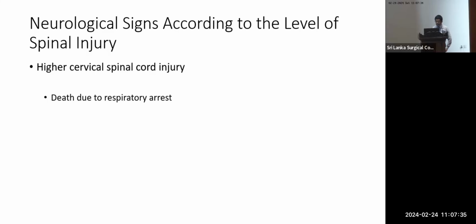C3, C4, and C5. So if there is a severe injury above C3, or the third cervical vertebra, both phrenic nerves and the intercostal nerves will be gone. So there will be nothing other than respiratory arrest and death. Incomplete injury, it may be different. I'm talking about complete injury.